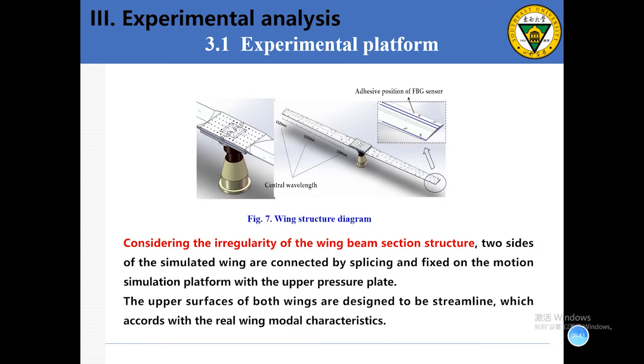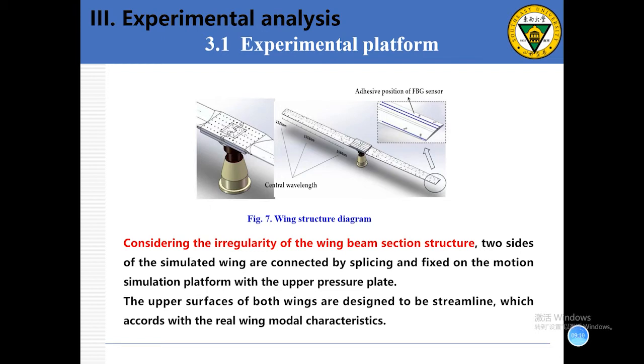Considering the irregularity of wing beam section structure, two sides of the simulated wing are contacted by splicing and fixed on the motion simulation platform with upper pressure plate.